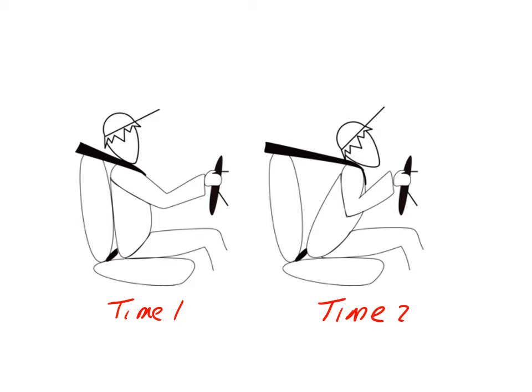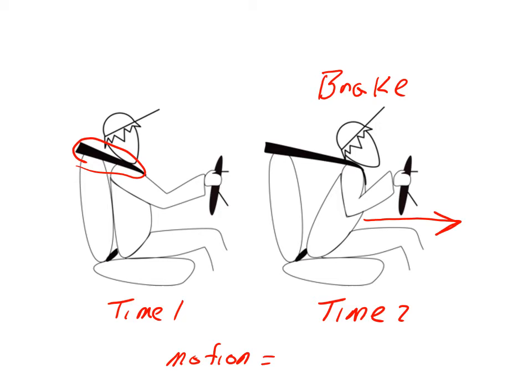Here you've got a person sitting in a car, they have their nice little seatbelt on, and all of a sudden you have the brake put on. And the car stops, but the person is moving forward. And of course, when you're in motion, you want to stay in motion. So it's that key thing that motion equals staying in motion.